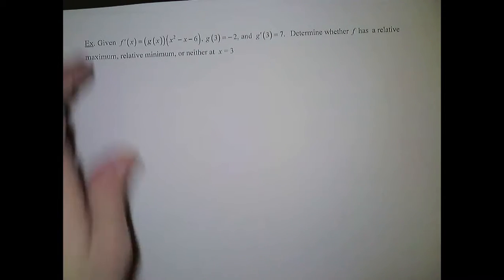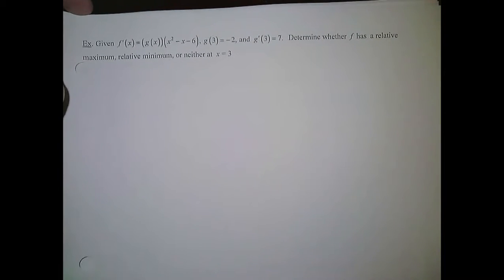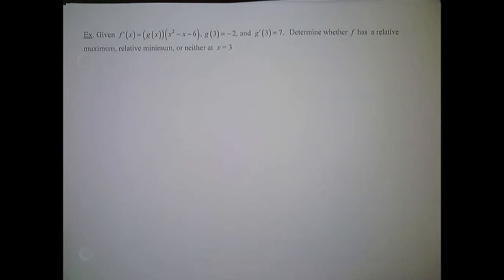So here they've given us that the derivative of f of x is equal to g of x times x squared minus x minus 6. We know that g of 3 is negative 2 and g prime of 3 is 7. And they've asked us to determine whether f has a relative maximum, a relative minimum, or neither at x equals 3.